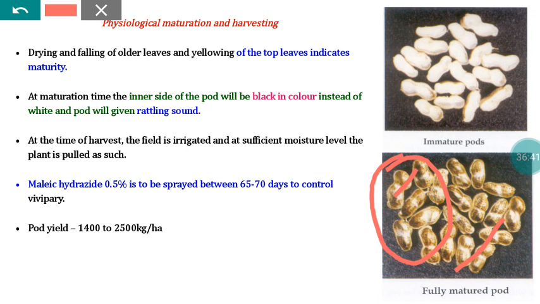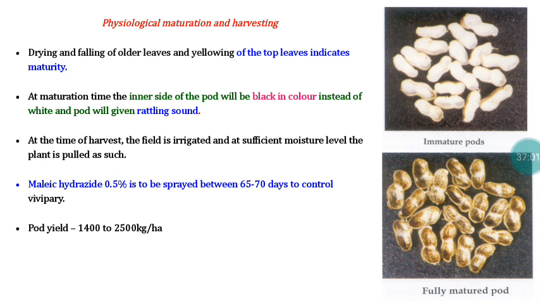After observing all these symptoms, you just irrigate the crop and pull out the material on the day itself. I already started to tell about the in situ germination related issues.